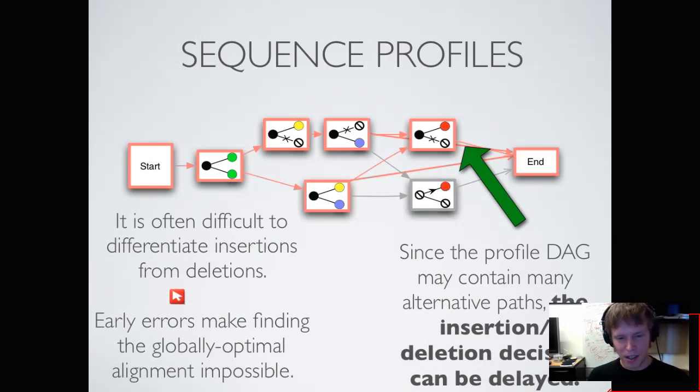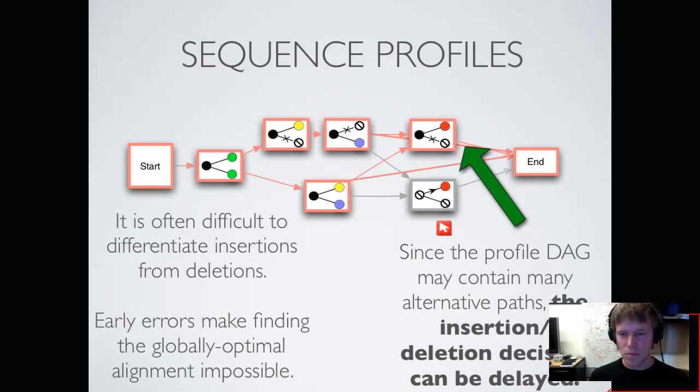But by treating these insertions strictly, it means that if we make a mistake low in the tree and we say, okay, I'm sure that this red character is an insertion, I'm not going to allow it to align to anything else in the tree. If we make that mistake low in the tree, and then later on we would have liked to align that to something else in the tree, we're stuck, because on the one hand, we want to treat insertion strictly. On the other hand, it might lead to a really unreasonable alignment.